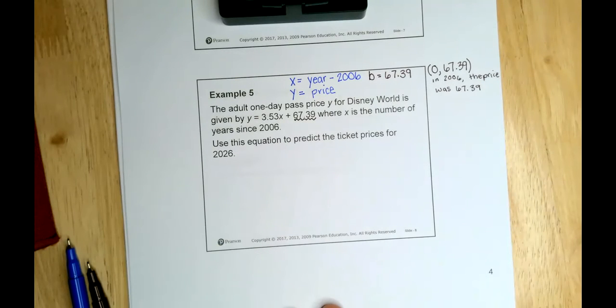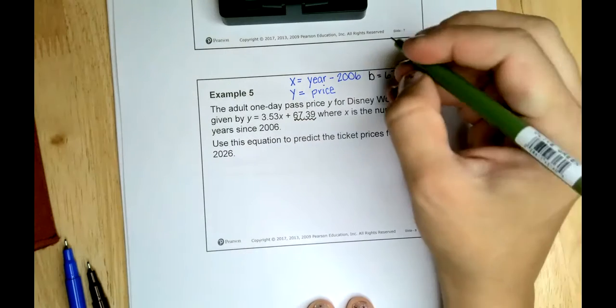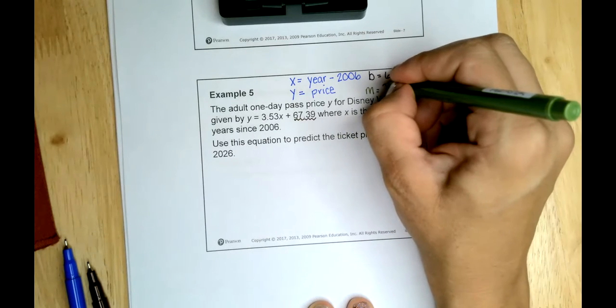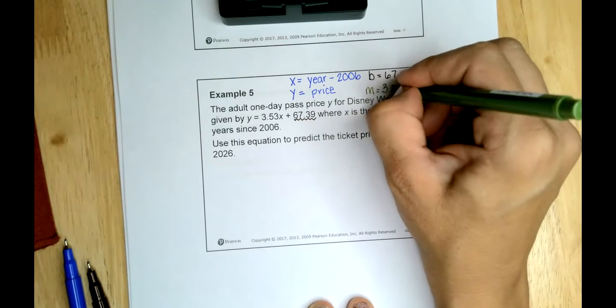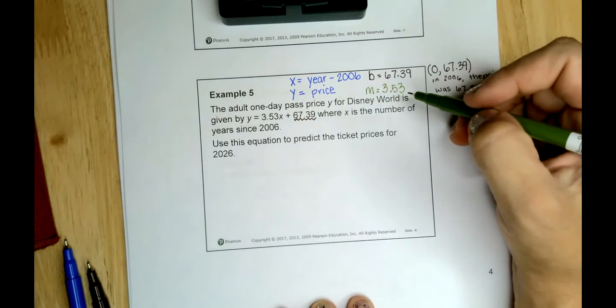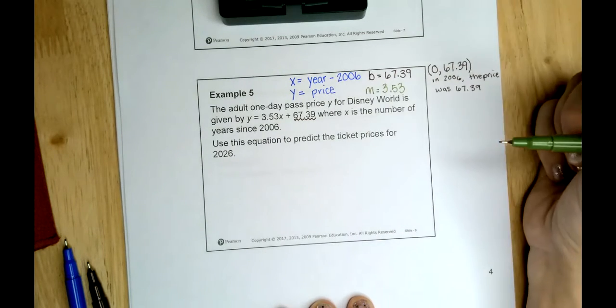And then we have one more. We have the value M. They told us M is 3.53. What does that mean though? That means that every year that passes, right?